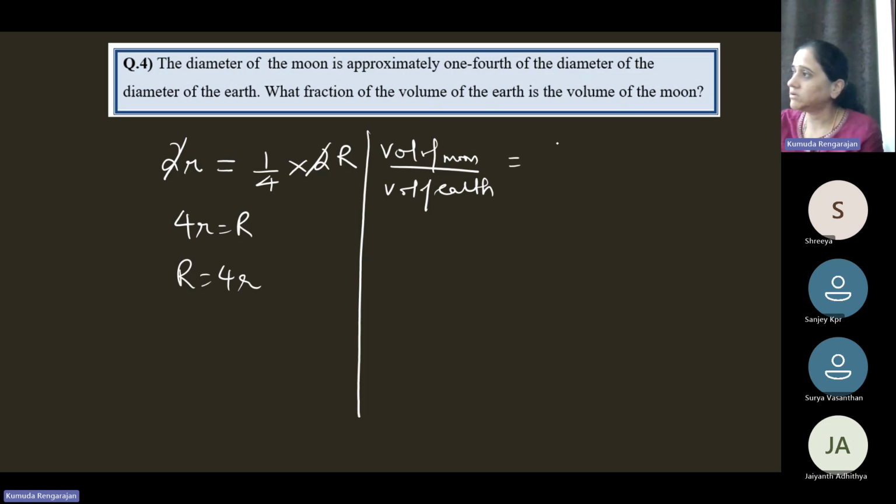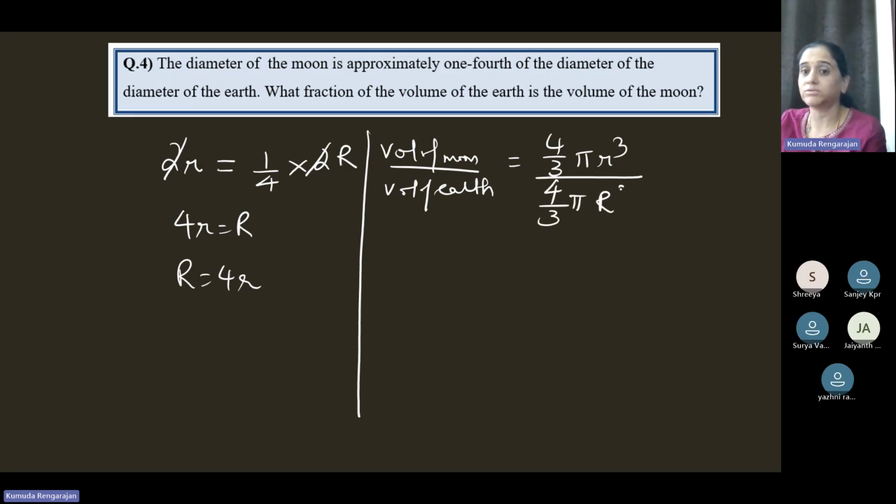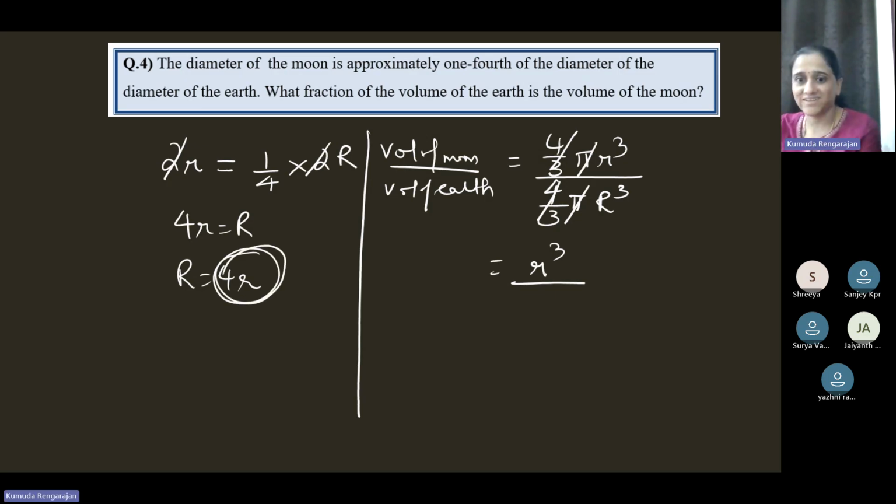What's the volume of the moon? Spherical. 4/3 pi r cubed by 4/3 pi r cubed. Cancel. Correct. R cube by, what is R? 4R.